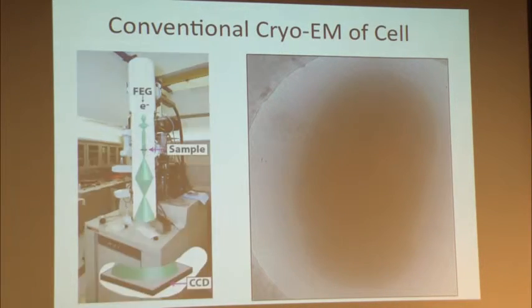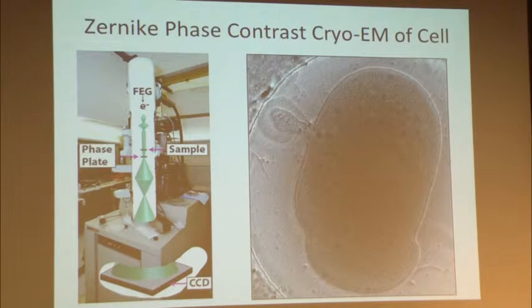However, we have employed a particular type of optic called phase plates. It's a Zernike phase plate, a concept that was invented many years ago, that if you put a particular device in the focal plane of the objective lens, in such a way, you can shift the phase between the unscattered wave and the scattered wave by pi/2, resulting in the reverse of the phase at the low frequency.